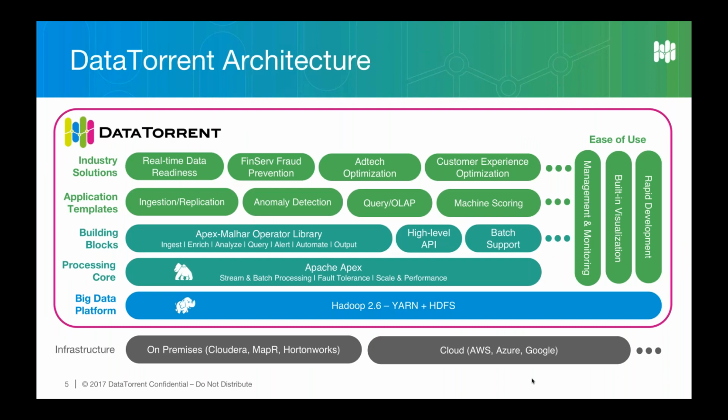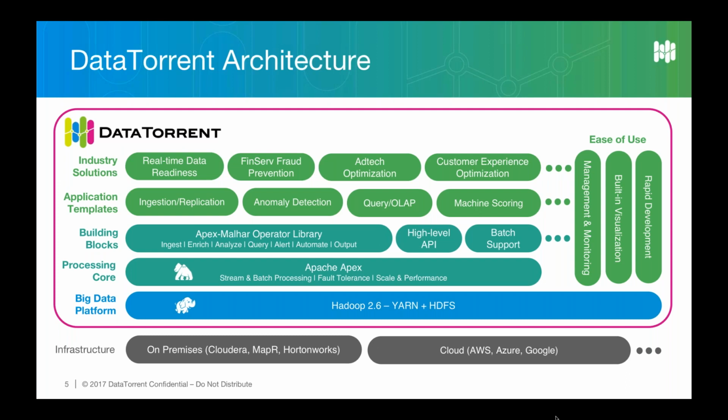This slide talks about our architecture in more detail, and basically in this slide, if you look at the boxes inside this maroon outline, there are three kinds of components. The blue layer is all Hadoop.